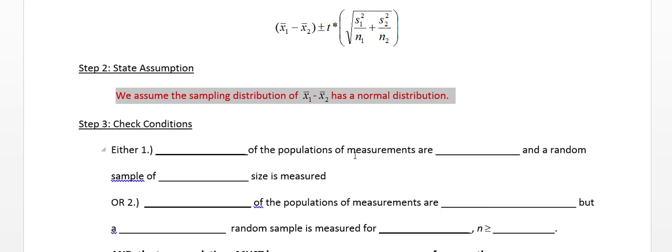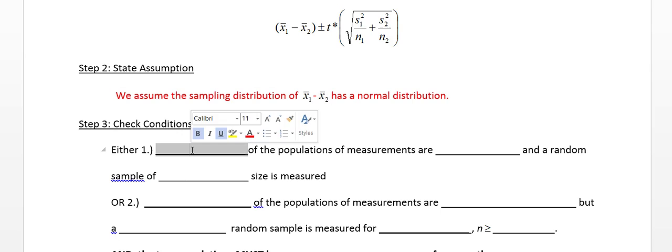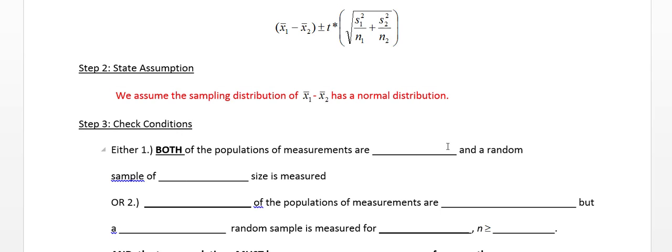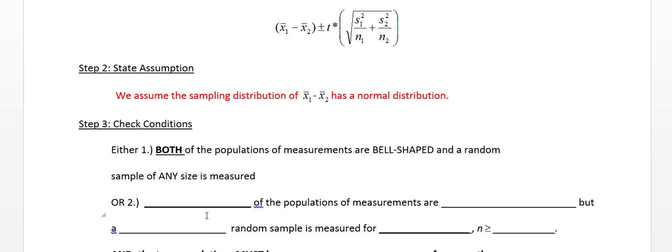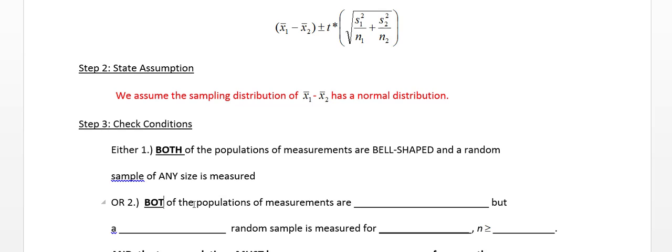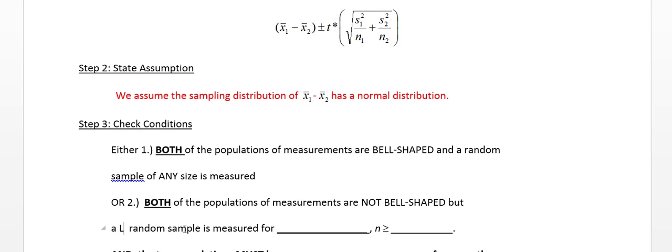To verify that those assumptions are true, we'll move into step 3 then, which is checking conditions. So to check conditions, both of the populations of measurements have to be bell-shaped, or you could call it normal. And if that's true, you don't really care how big the sample size is. Any sample size could be measured. Or if both populations are not bell-shaped, then you have to have what's considered to be a large random sample.